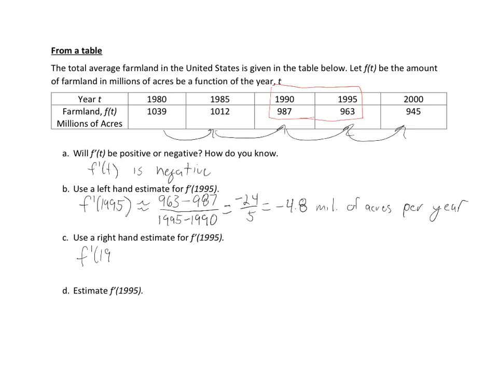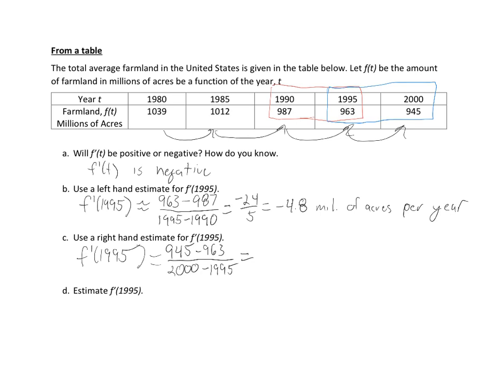So if I was going to do a right-hand sum, I would really want to use the actual 1995 value and the value to the right. So I'm going to say f prime of 1995 is the change in the outputs, 945 minus 963, over the change in the inputs, 2000 minus 1995.